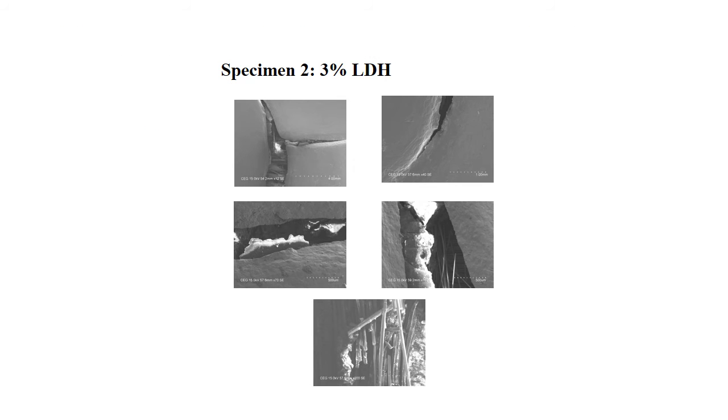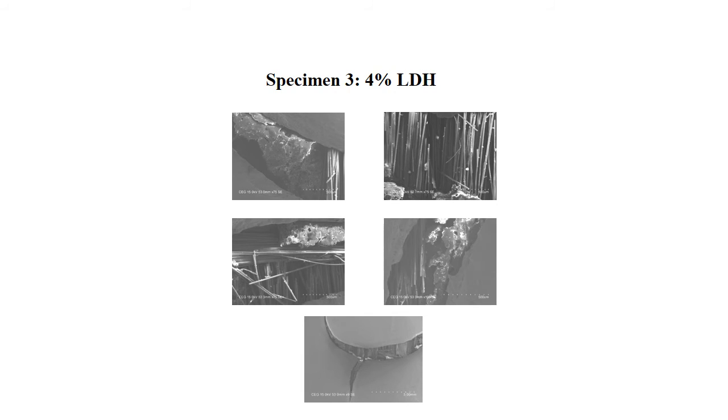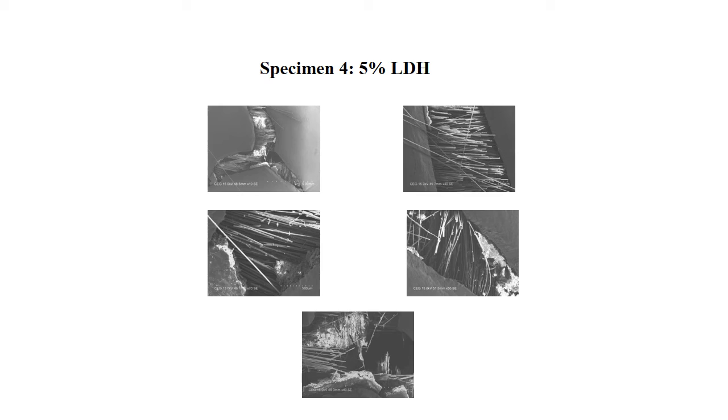Then specimen 2 of 3% LDH, specimen 3 with 4% LDH, specimen 4 with 5% LDH. The glass fiber can be clearly seen in each of the images.